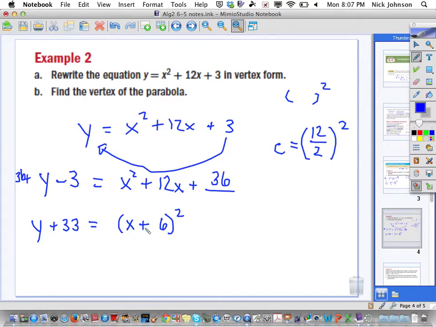So now that we're in vertex form, we know our vertex is, remember it's y minus k is equal to x minus h squared. So I know my vertex is negative 6, comma, negative 33. And that is my vertex. So this is B right here.